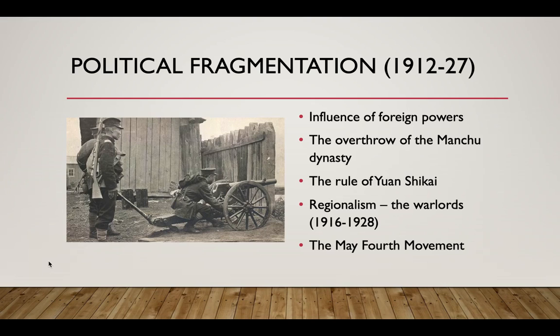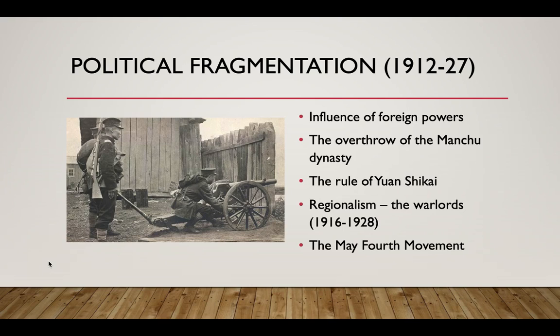Chinese nationalists feel slighted by the Versailles Agreement, and that they did not like the fact that their demands were not being heard, and that Japan is going to gain a little bit more influence in China, and that they do not feel that they are being respected by Western powers.